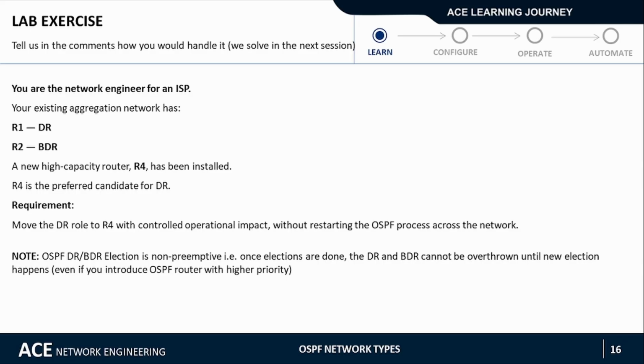They cannot be overthrown. An analogy: if the chairman was elected and a new powerful member comes in with more capability, they'll be told, oh, sorry, we did our election, we have our chairman, our deputy, until another election is done. In OSPF, that means unless we restart the OSPF process.